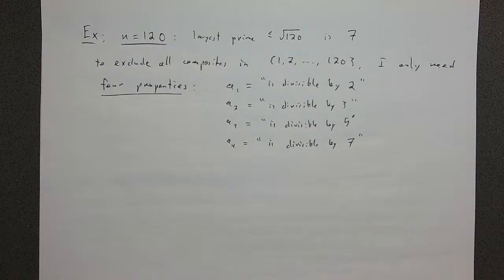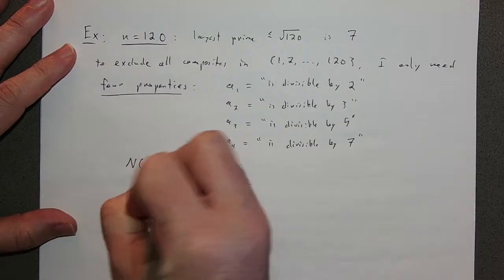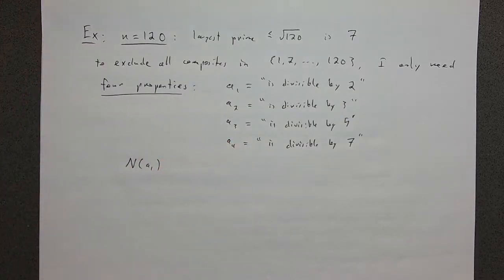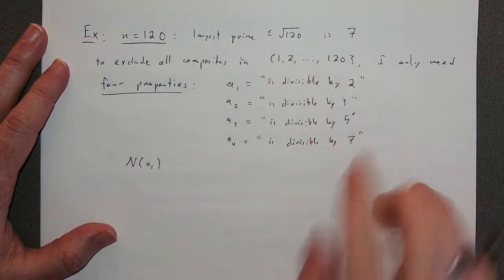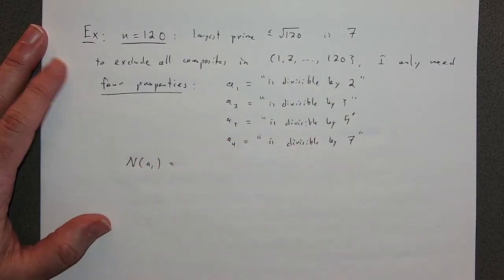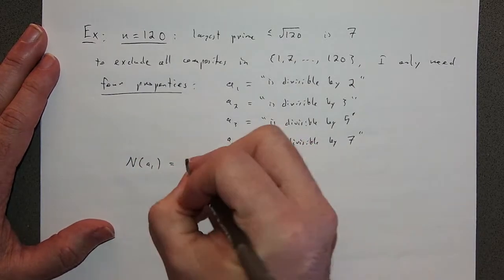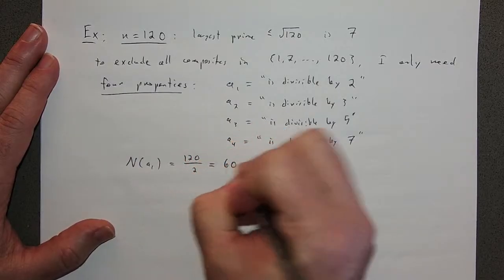Okay, so then we can actually just compute the number of these integers 1 to 120 divisible by 2. Well, exactly half of them, so this is 120 over 2, or 60.